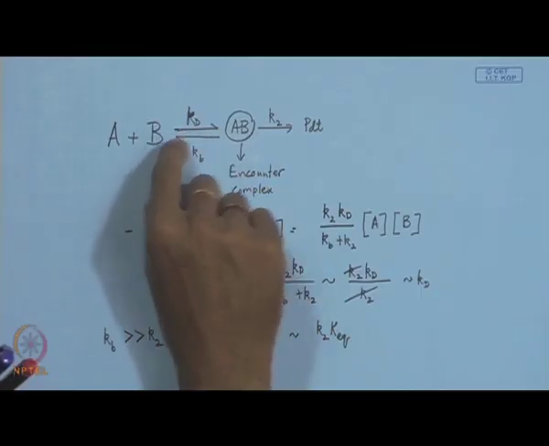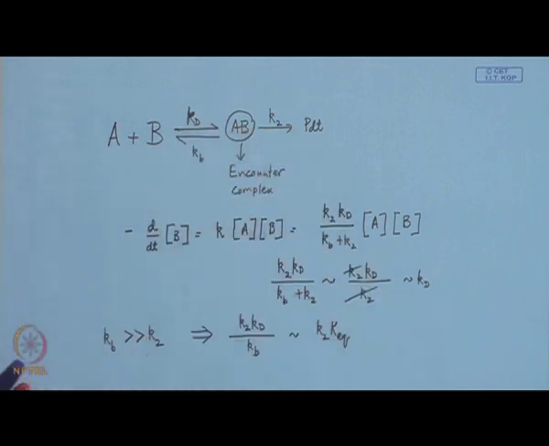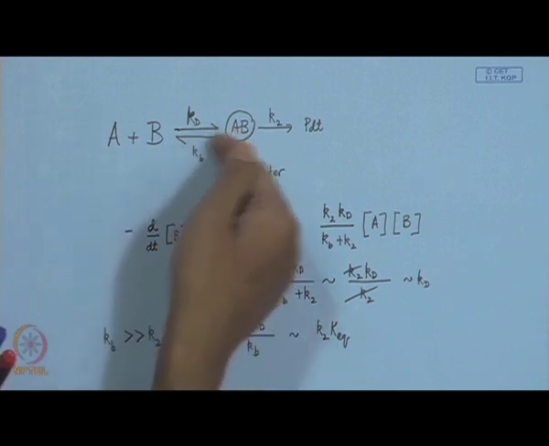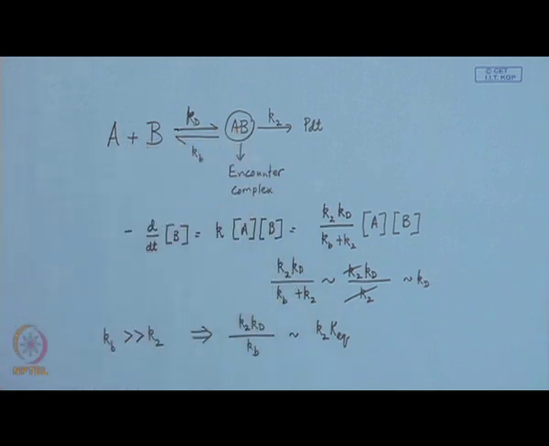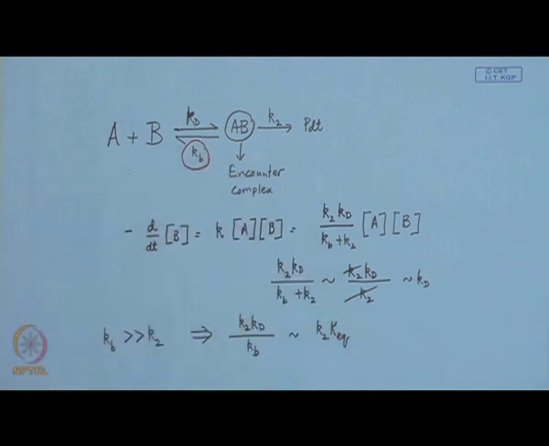Okay. So, that means these two consecutive steps Kd, K2 are occurring very fast compared to the back reaction, that is the Kb step, and under that situation you can call this reaction diffusion limited.